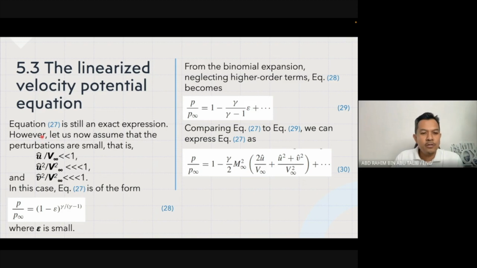So equation 27 that we have already found is still an exact expression. However, let us now assume that the perturbations are small.